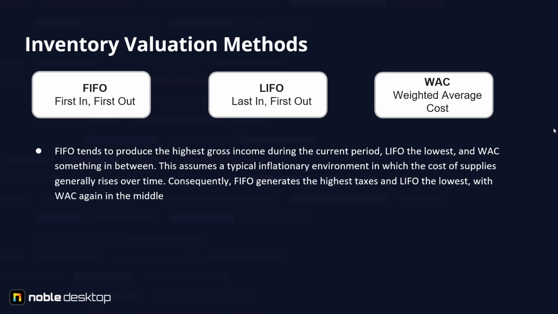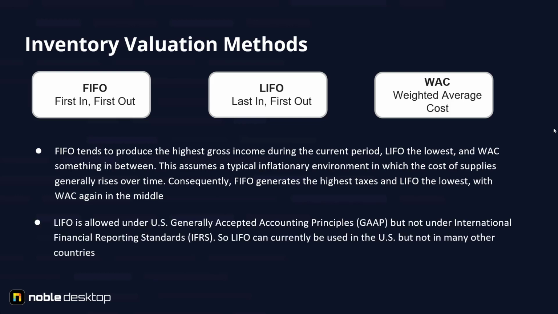Consequently, FIFO generates the highest taxes and LIFO the lowest, with WAC again in the middle. LIFO is allowed under US generally accepted accounting principles, GAAP, but not under International Financial Reporting Standards, IFRS. So LIFO can currently be used in the US but not in many other countries.